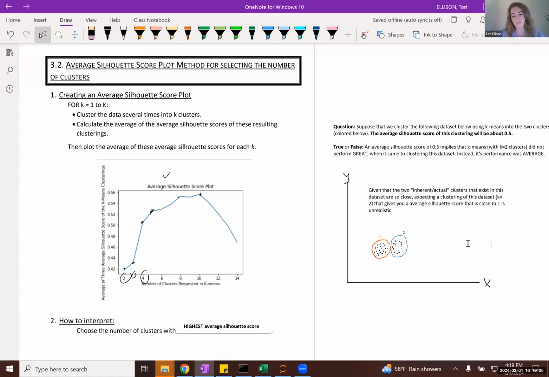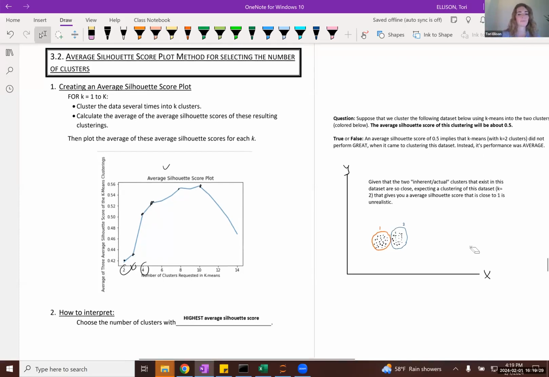But again, this makes things very complicated, right? Because we can't see these two inherent clusters with our eyes, since this is a high dimensional data set. So we need to be thinking about how we know ahead of time how well separated our clusters are. That's going to be a question that we answer as we move on to subsequent units, but you want to be thinking about these complications up front.